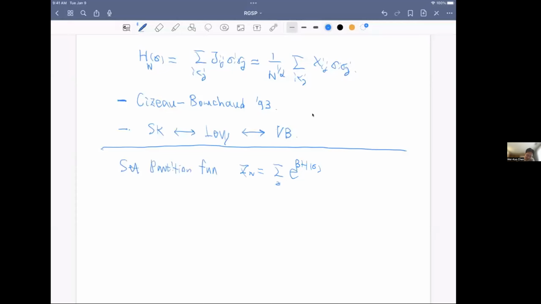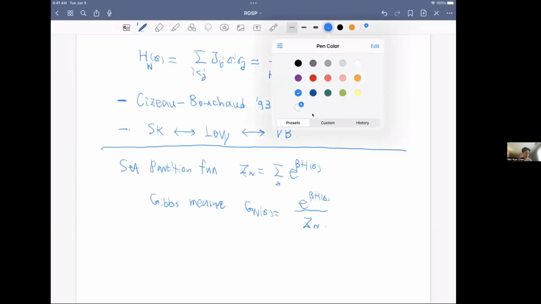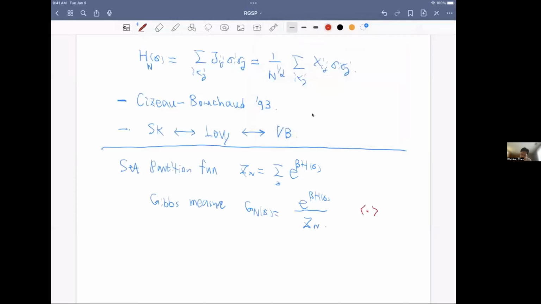On the other hand, there is also this Gibbs measure, which is a measure according to my Boltzmann weights. I'm going to use this notation here to mean the Gibbs expectation.